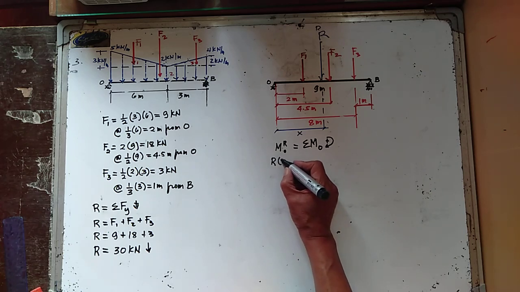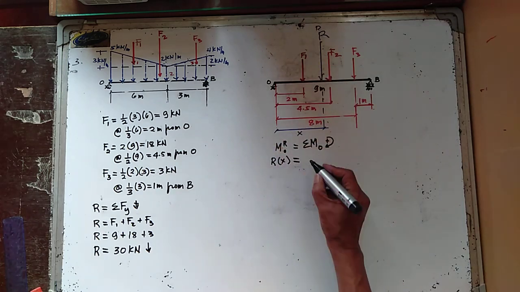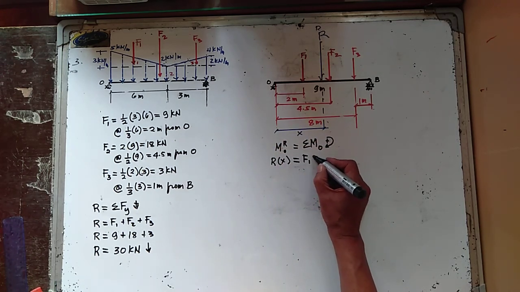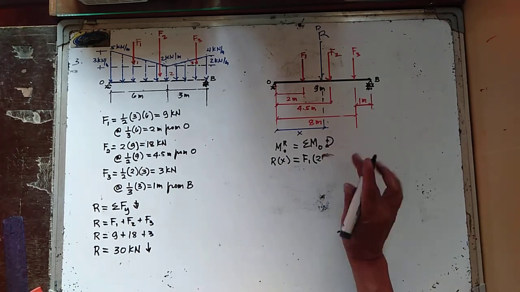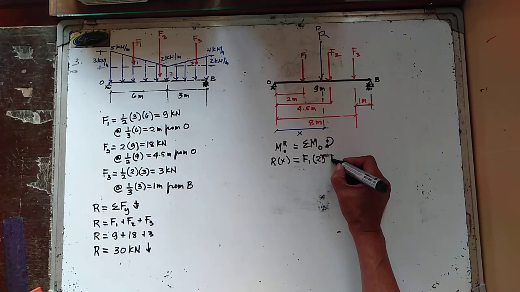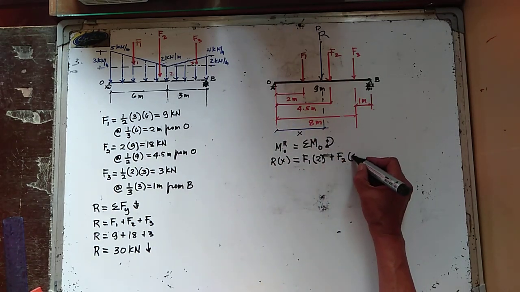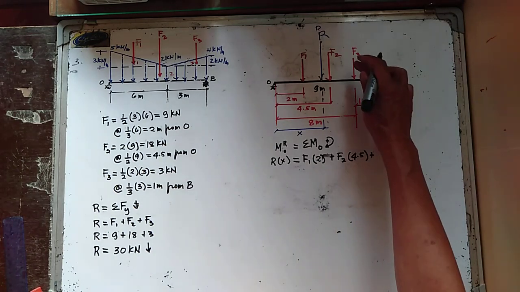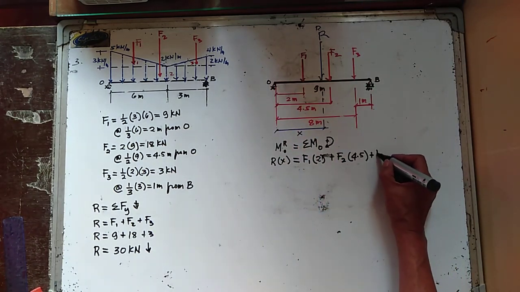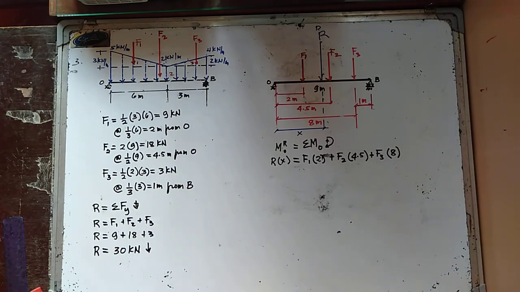So your R multiplied by x is equal to F1 multiplied by 2 meters, plus F2 clockwise multiplied by 4.5 meters, plus F3 clockwise multiplied by 8 meters.